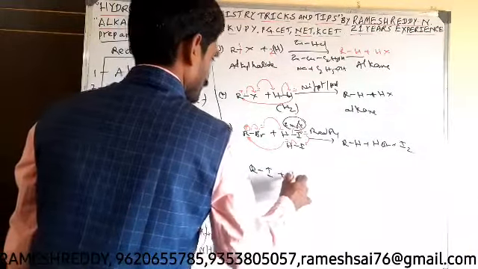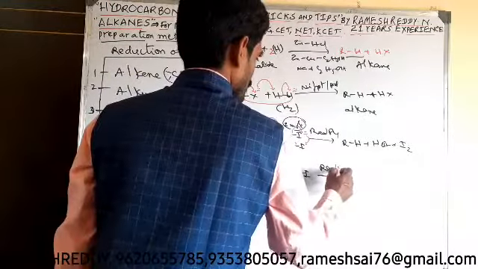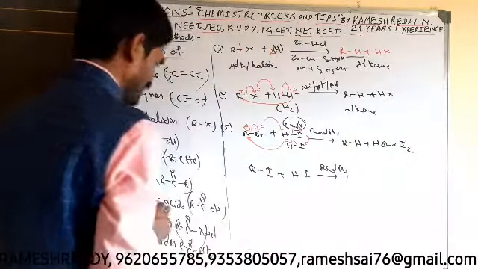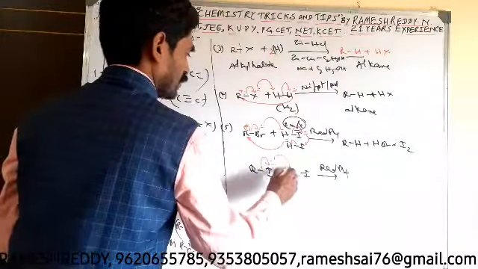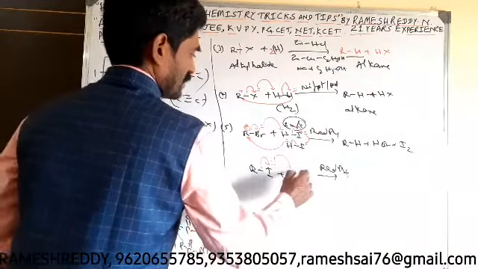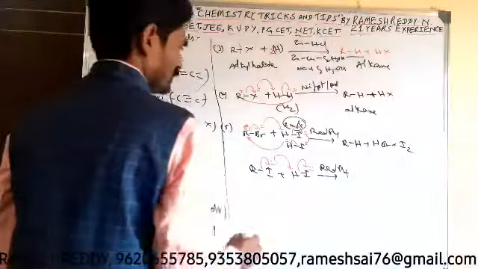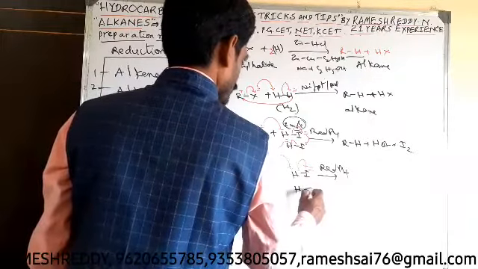So RI reacts with HI in the presence of red phosphorus. Then what will you get here? This takes up 2 electrons, gets a negative charge, and makes a bond with this H plus, and these 2 electrons are taken by this one. Then you will get I here. Then you have to take a second mole of HI also.